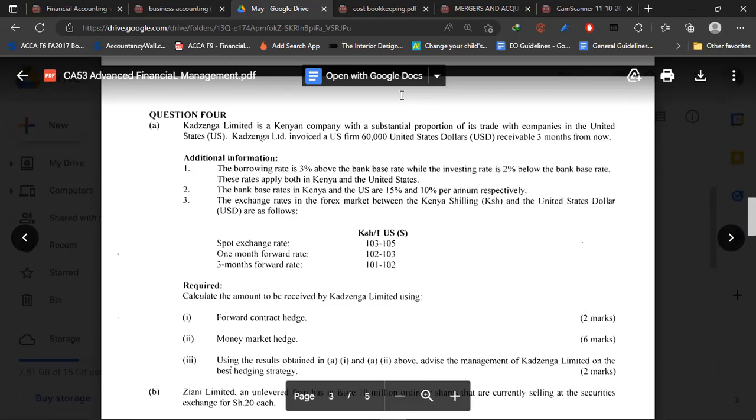The examiner is telling us that Kazenga Limited has just invoiced the US firm $60,000 receivable in 3 months' time. So it means there is a receipt that we are expecting to receive.